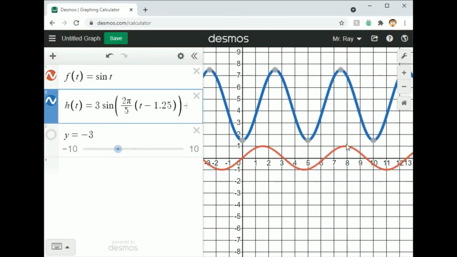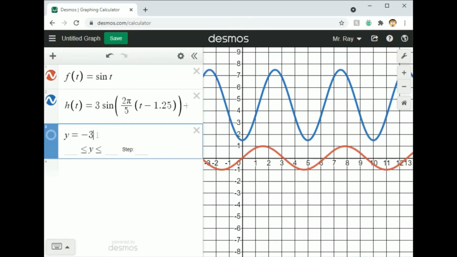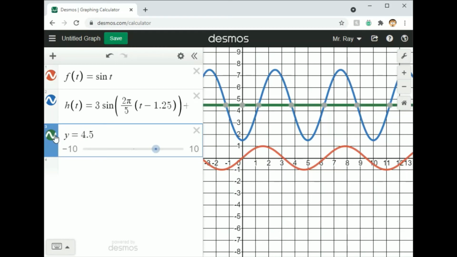Okay, so does that kind of look like, other than the fact that it's the wrong color? Starts down here at 1.5. At 2.5 seconds, it goes up to 7.5. Period's 5. Yep, that looks good. And the rest position looks like it's at 4.5. And it is. Okay, so perfectly good function. We know it, we've done it right.